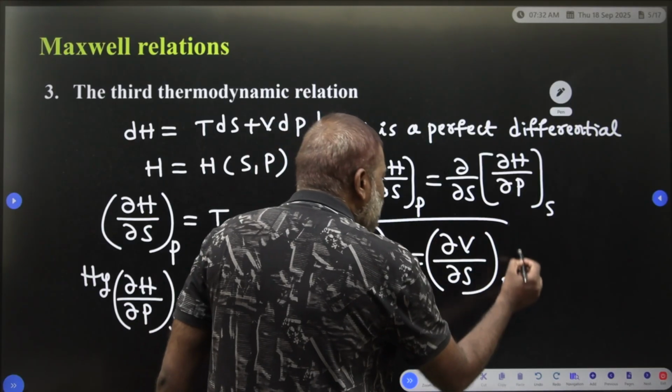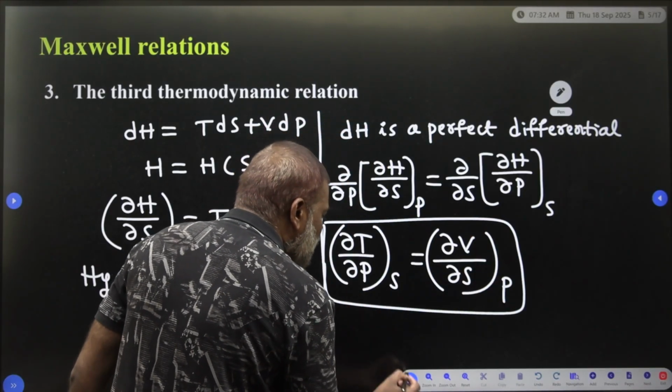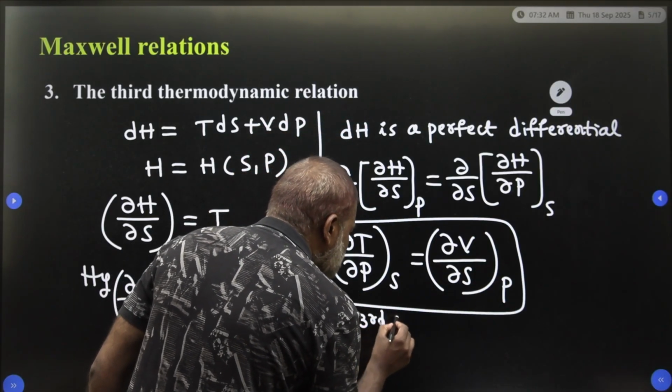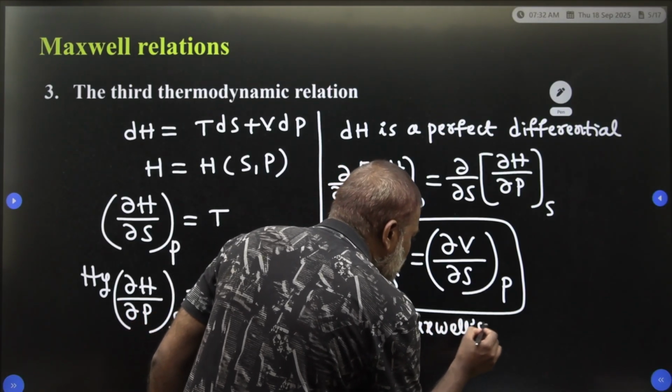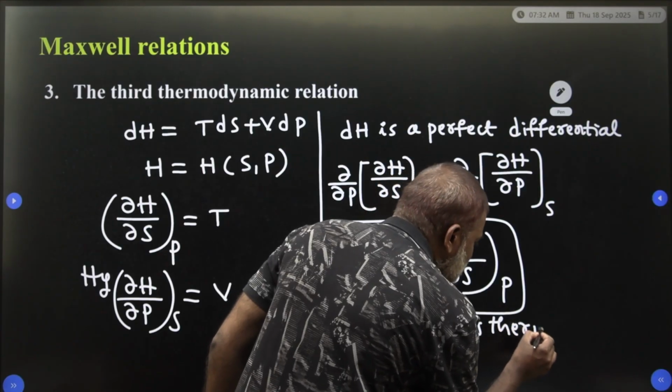So this is the third Maxwell thermodynamic relation.